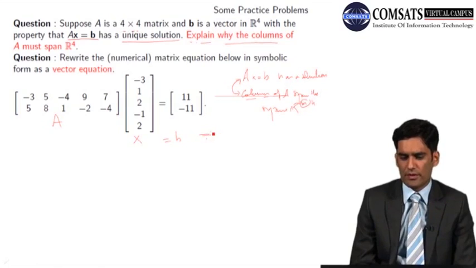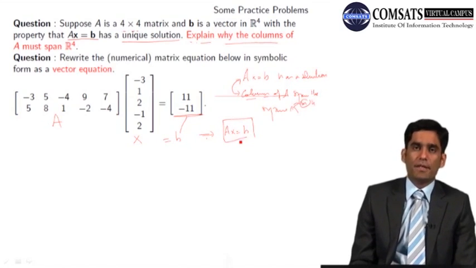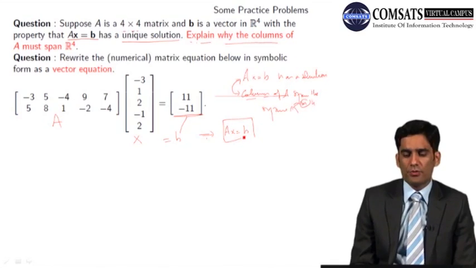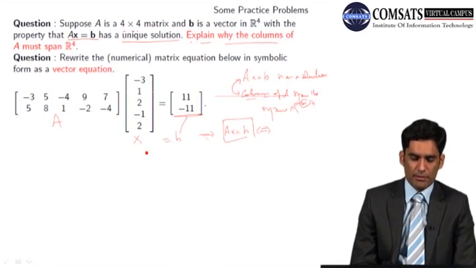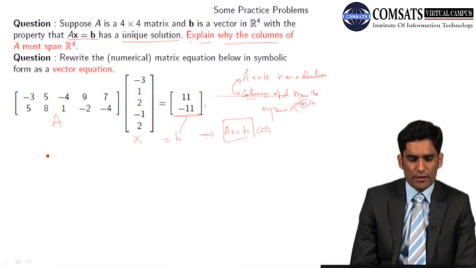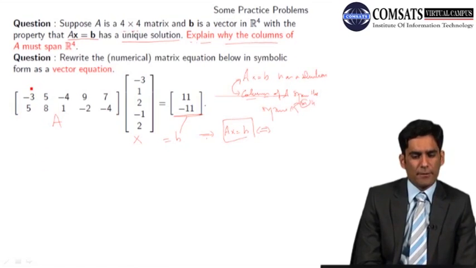So your matrix equation becomes AX equals B. अब matrix equation और उसके corresponding equivalent vector equation we have studied in the last lecture. ये हमने last lecture में पढ़ा था. और आपसे पूछा गया है कि symbolic vector equation जो है वो आप लिखें.